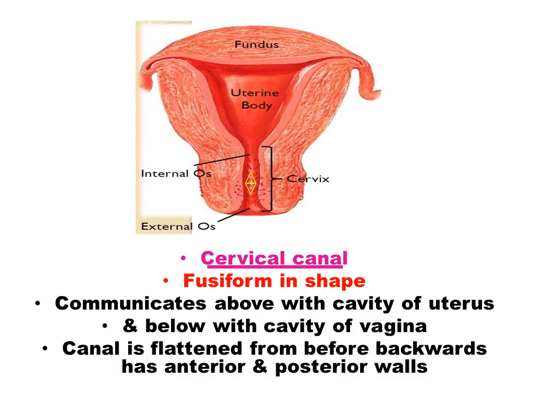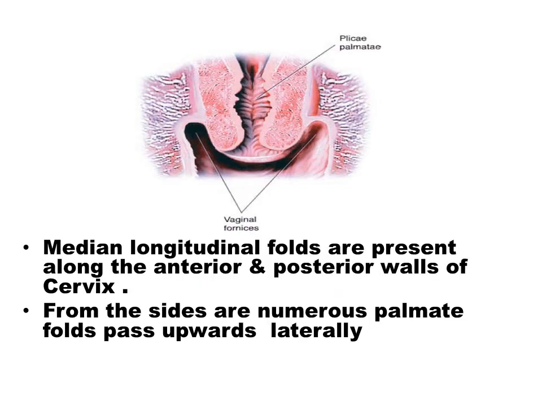The cervical canal is roughly fusiform in shape, communicating above with the cavity of the uterus and below with the cavity of the vagina. This canal is flattened front to back and has an anterior wall and a posterior wall.